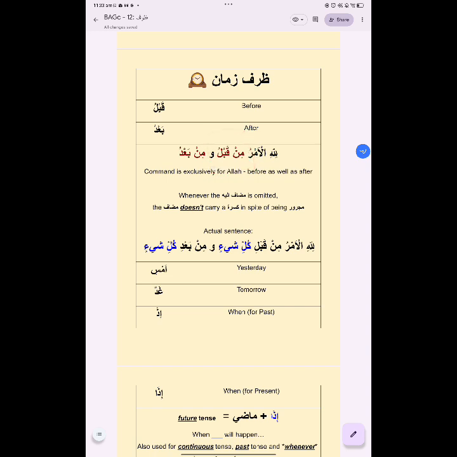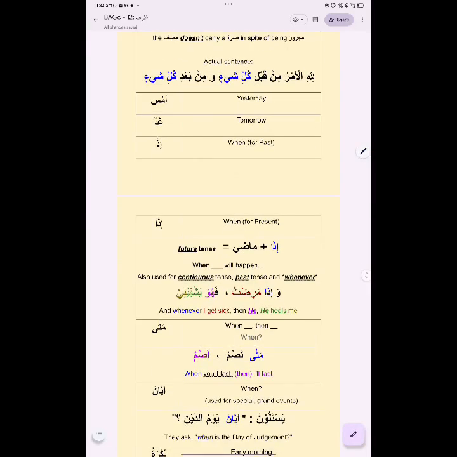All right. Now the next word is amsi. It means yesterday. Ghadun, tomorrow, is when. Now there are two words that sound similar: idh and idha. Both of them mean when.